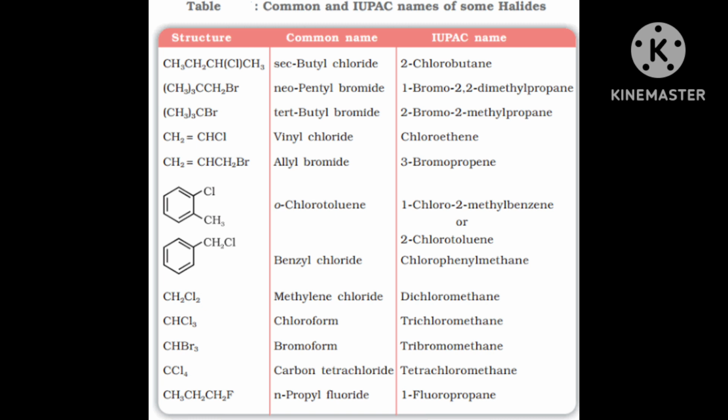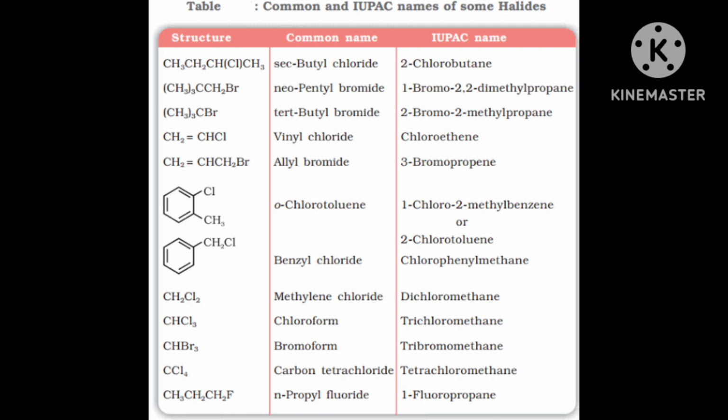Then m-dibromobenzene. After the m you write a dash: m-dibromobenzene. Here di is written with a small d. Dibromo means 2 bromines, benzene.